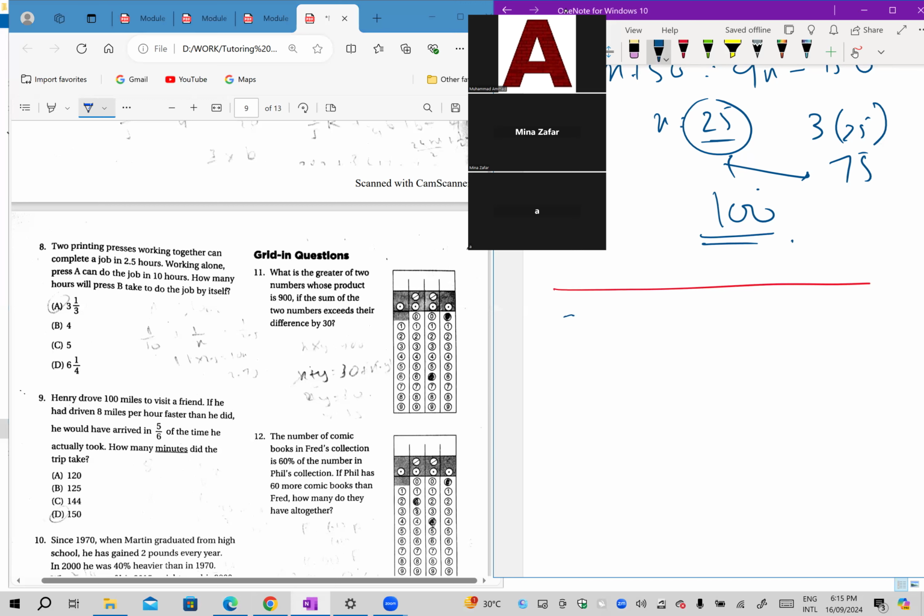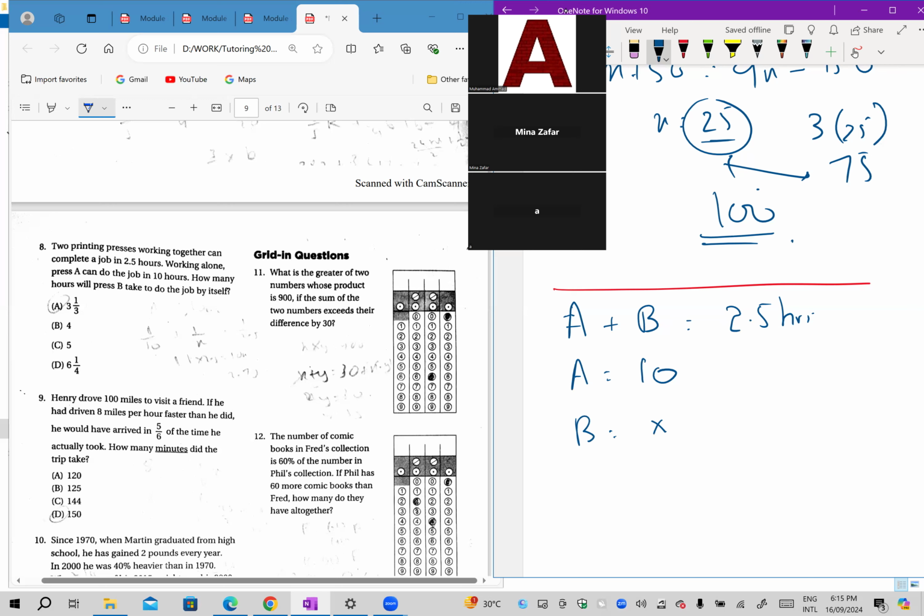So printing press A plus B, when they work together, complete a job in 2.5 hours. Working alone, press A can do the job in 10 hours. How many hours will B take to do the job by itself? Let's say B completes the job in x hours, and together they take 2.5 hours.